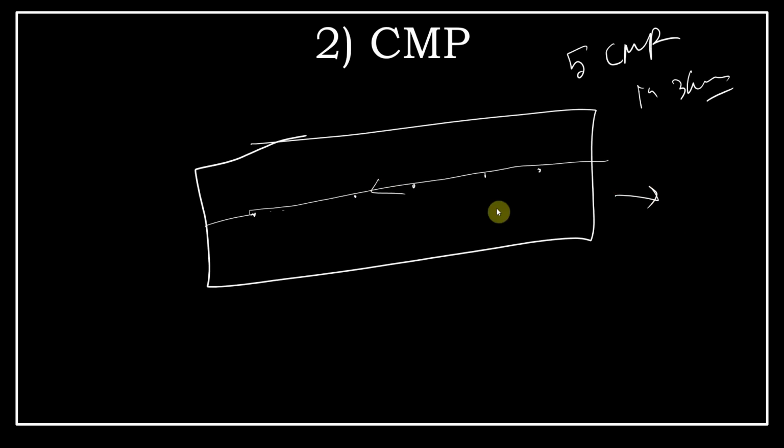The next work after CMP is geological sampling. What do you mean by geological sampling? That means along a profile, suppose this is your inland profile, you will be taking several boreholes, or geological boring will be done.